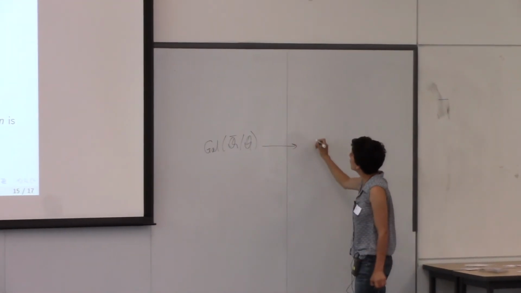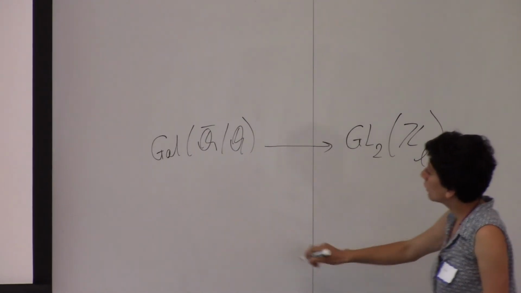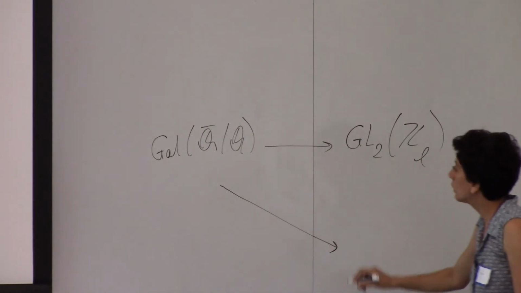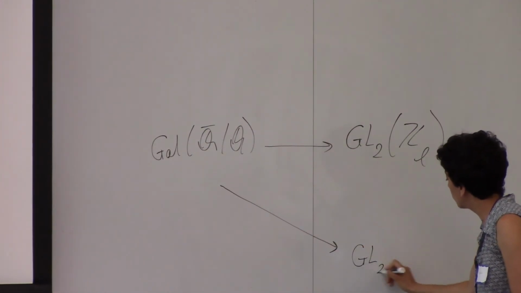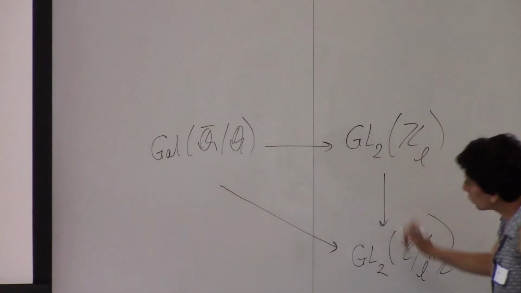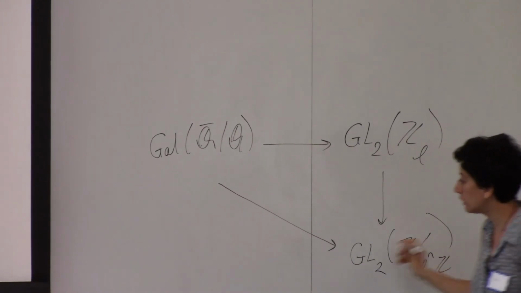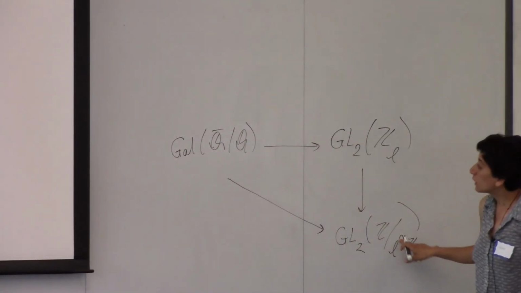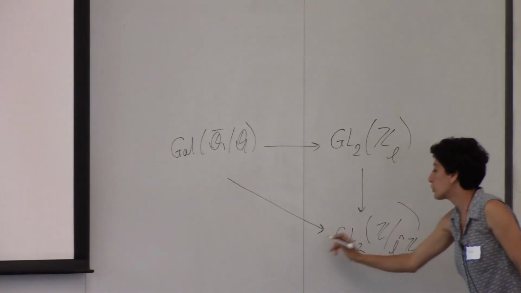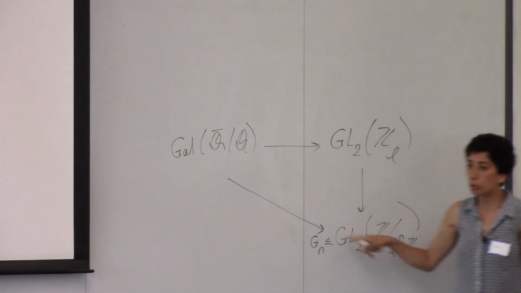So if you look at the action of the Galois group here, Serre's open image theorem tells you that there exists some n such that if I look at the image of this group, which I'll call Gn, this is the image of the Galois group under this action.